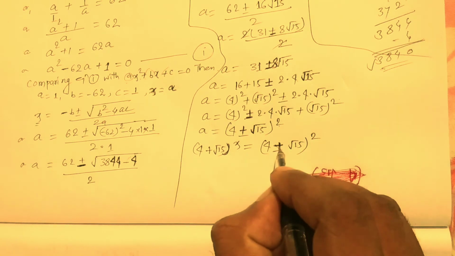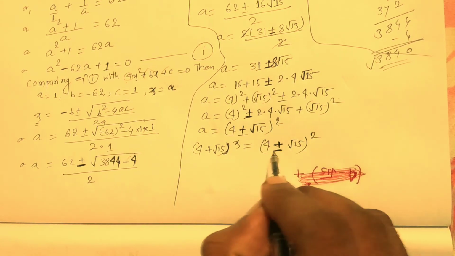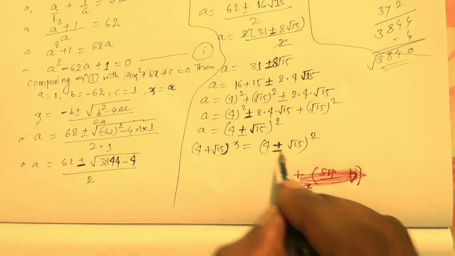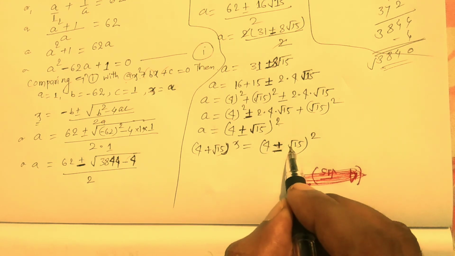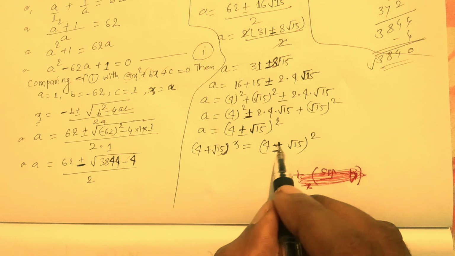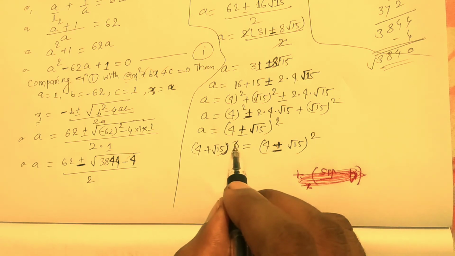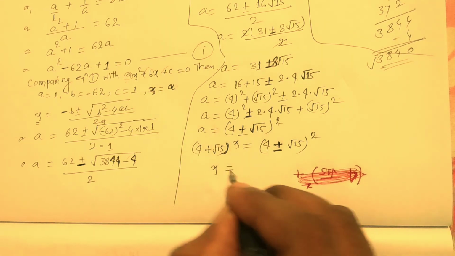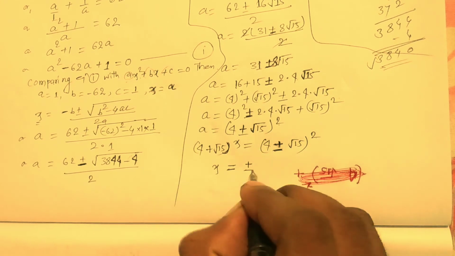Now while we take the positive sign from here, because we have two signs in the RHS, (4 + root of 15)², then we have x is equal to 2. So we can have x is equal to ±2.